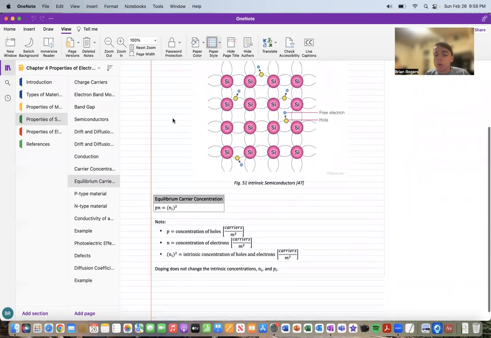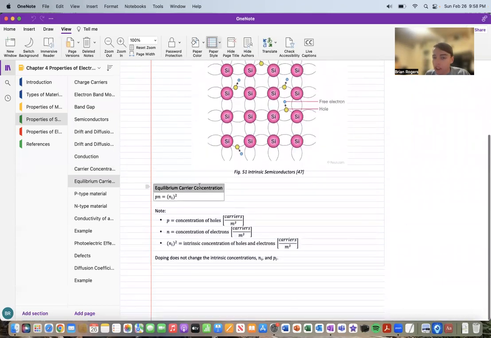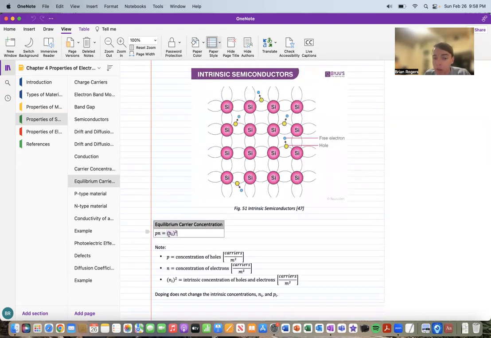For equilibrium carrier concentration, the number of intrinsic holes multiplied by the number of intrinsic electrons is going to be equal to n i squared. Since you have the same amount, p is equal to n. So p times n would equal n i squared. n i represents the number of electrons at that intrinsic concentration.